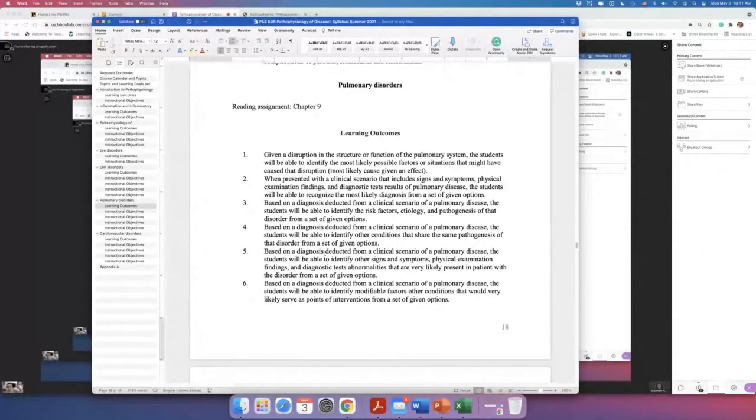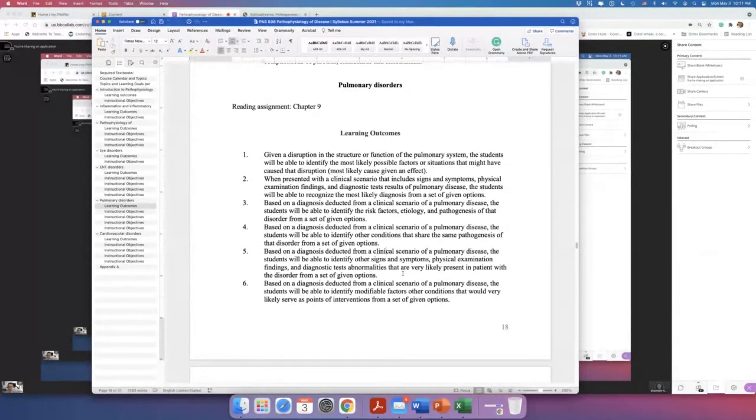Another type of question: after you have your diagnosis in mind, pneumonia, to keep the same patient or the same disease, identify other signs and symptoms, physical exam findings, or diagnostic test abnormalities.